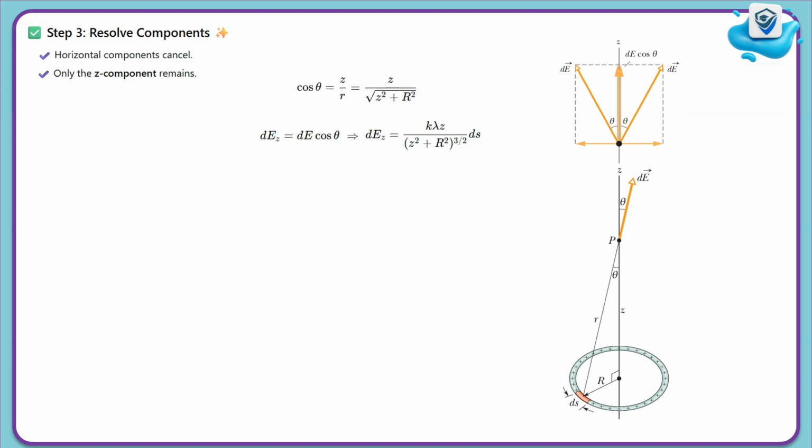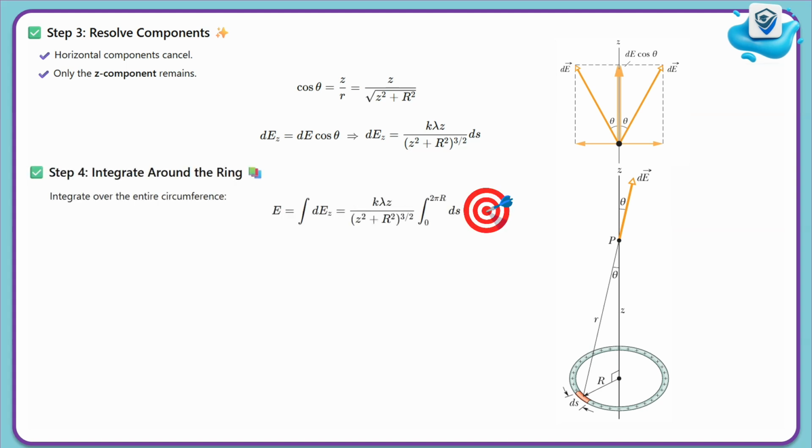Step 4. Now we integrate these remaining components around the entire ring. Since all the terms are constant except ds, we move the constants outside the integral. The integral of ds over the whole ring is simply the circumference, which is 2 pi r.